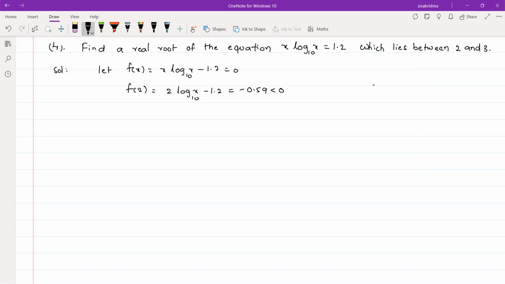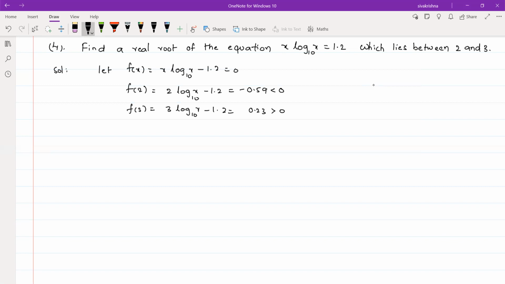Coming to the next one, that is f of 3. So 3 into log x to the base 10 minus 1.2. So this is equal to 0.23, which is a positive value.